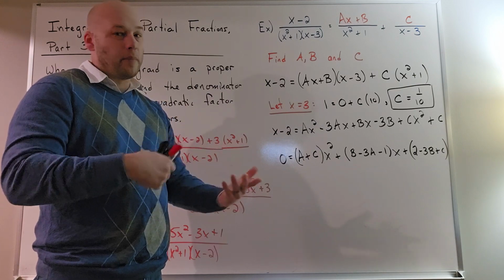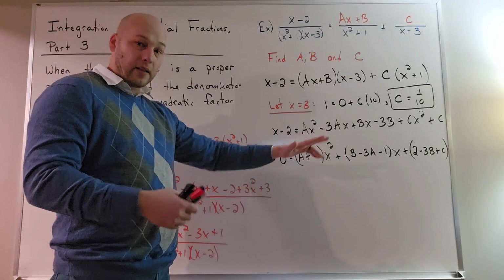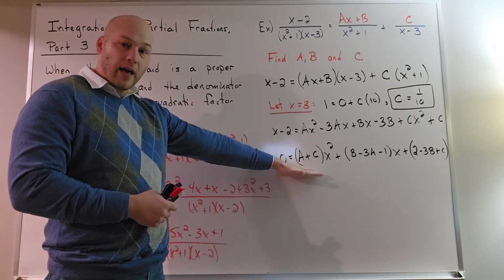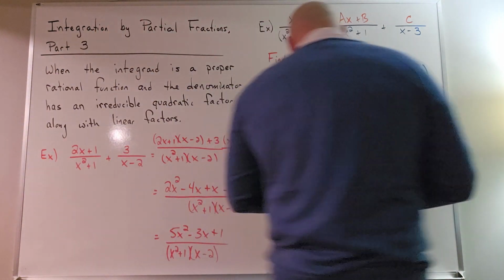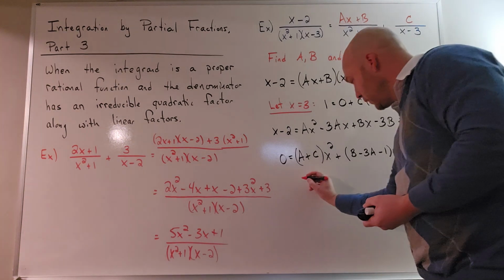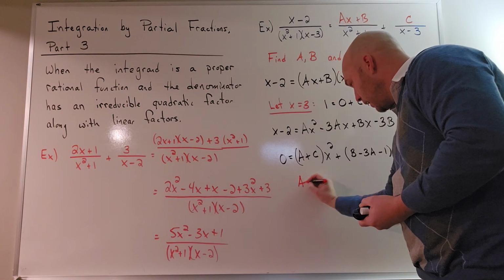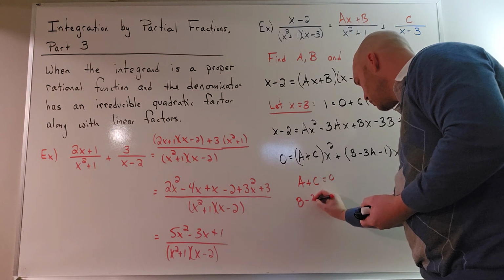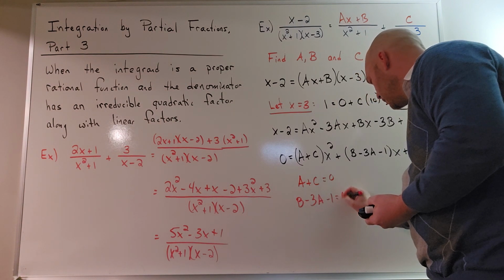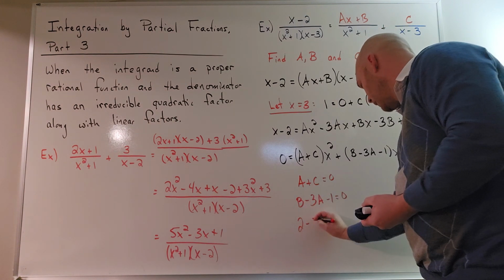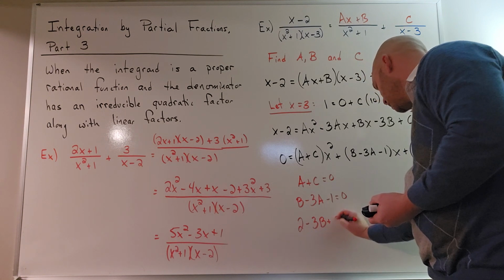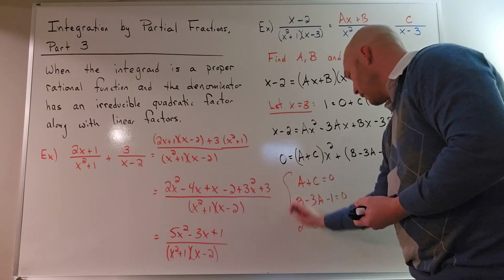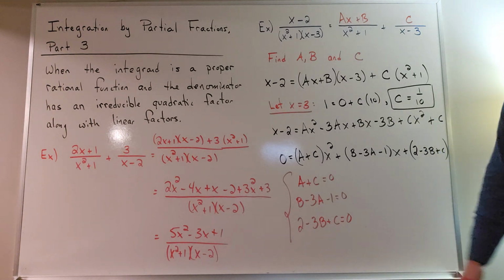They could be real, complex, or repeated, but there's exactly 2 solutions. This has more than that, therefore, each of these coefficients is 0, giving me a plus c equals 0, b minus 3a minus 1 is 0, and 2 minus 3b plus c is equal to 0. So I have those 3 conditions.